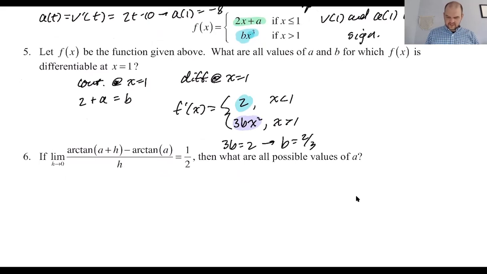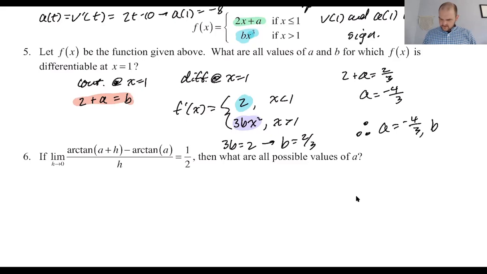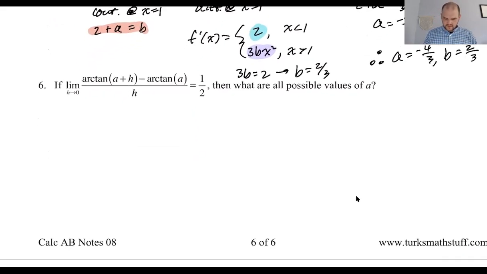And then if b is 2/3, and this is true, I know that 2 plus a equals 2/3. So a is 2/3 minus 6/3, which is -4/3. So I'm going to say therefore a equals -4/3 and b equals 2/3. And I think that works, but I'm going to check it in a second.